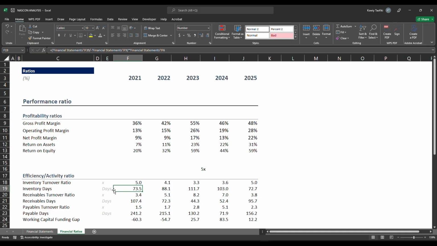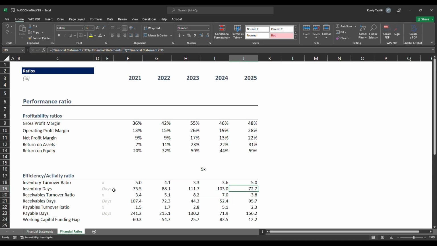Look at this: from 73 days to 88, to 111 days, to 103, to 72. It takes a lot of days to convert our raw materials gotten from our suppliers into finished goods available for sale, which is a bad thing. This is increasing. So we can see a decrease from 2023 to 2024, and a decrease from 2024 to 2025.